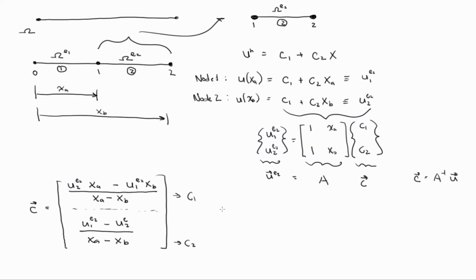So if we go back, we had U equals C1 plus C2 x.